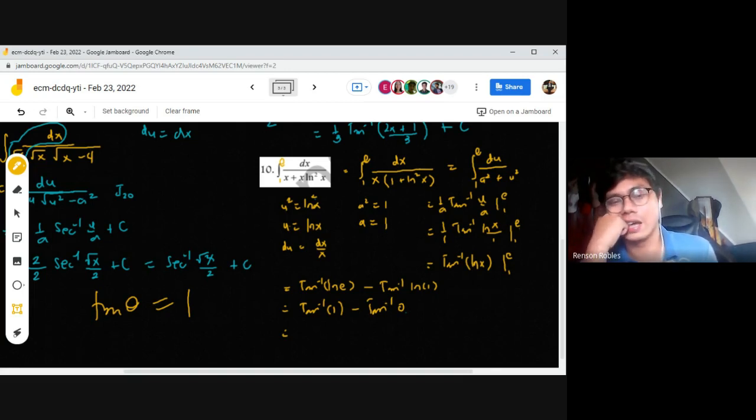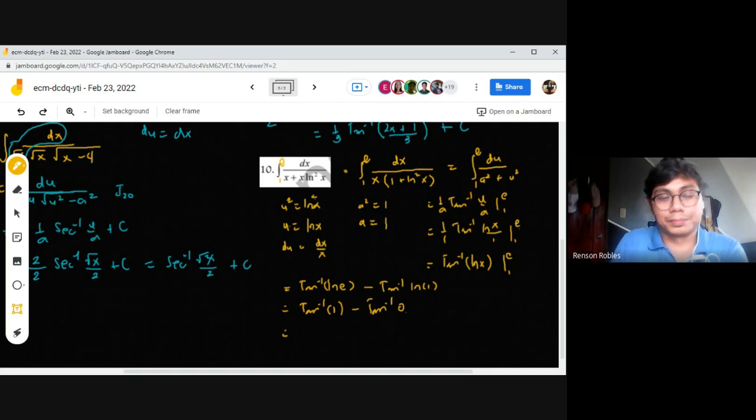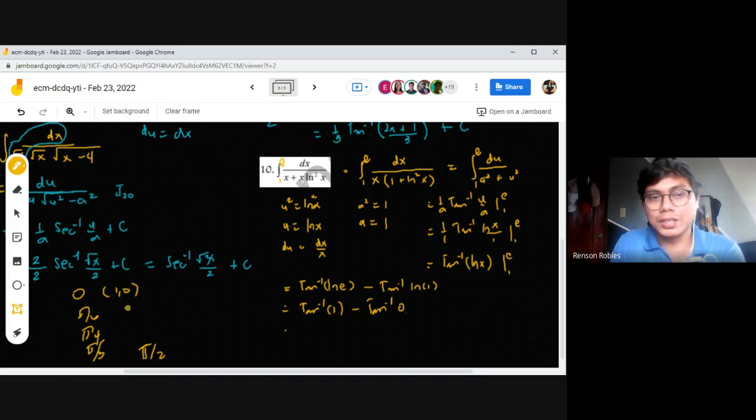At what angle? Ano lang naman yun eh, cosine 0. Cosine 0, sorry. 0. Pi over 6, pi over 4, pi over 3, pi over 2. Ano yung mga coordinates dito? 1, 0.